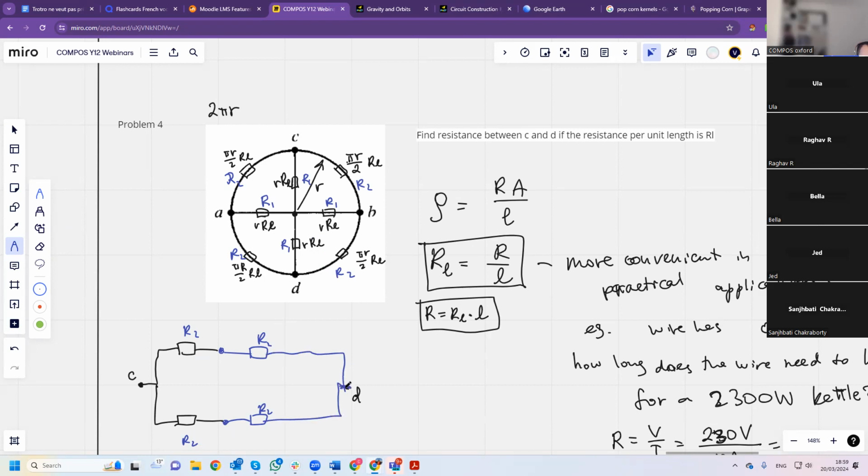And then to D. And then there's a link here, so there's R1 and another R1, and another R1 and another R1.